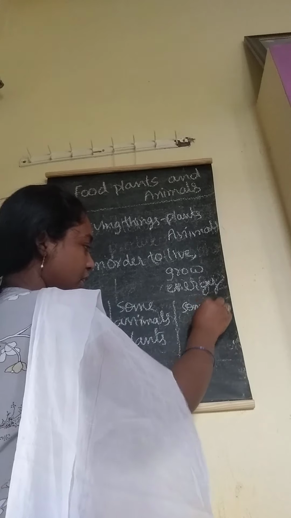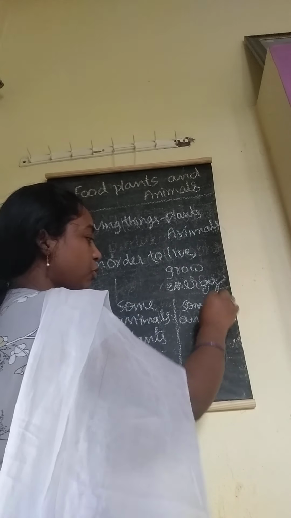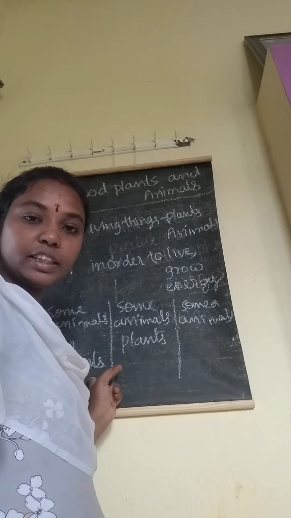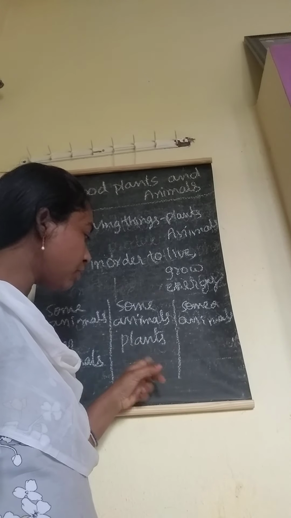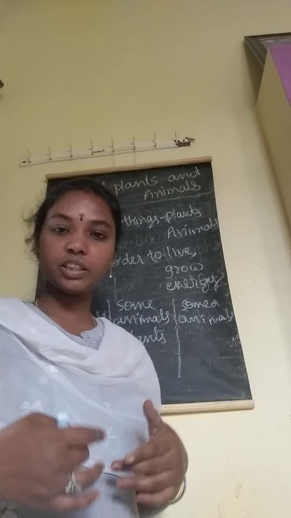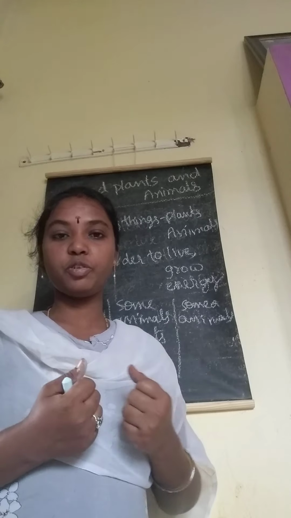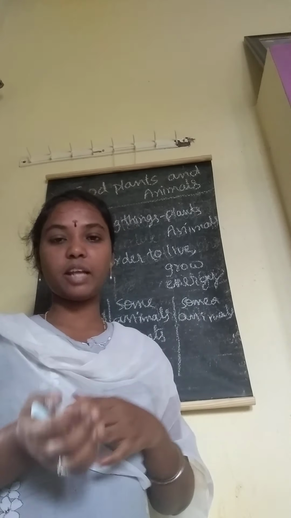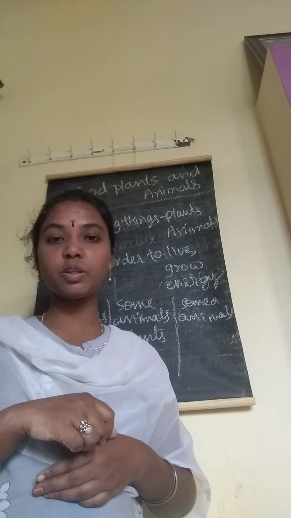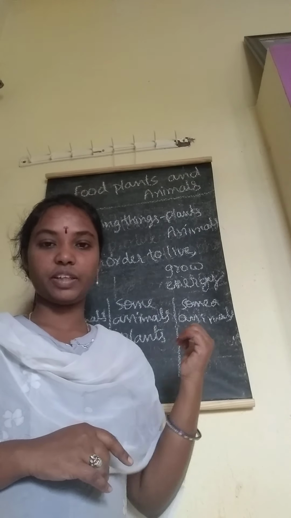But some animals get food both from plants and animals. For example, human beings. Human beings also come under animals. We eat plant products as well as animal products. Okay, animals get food in this way.